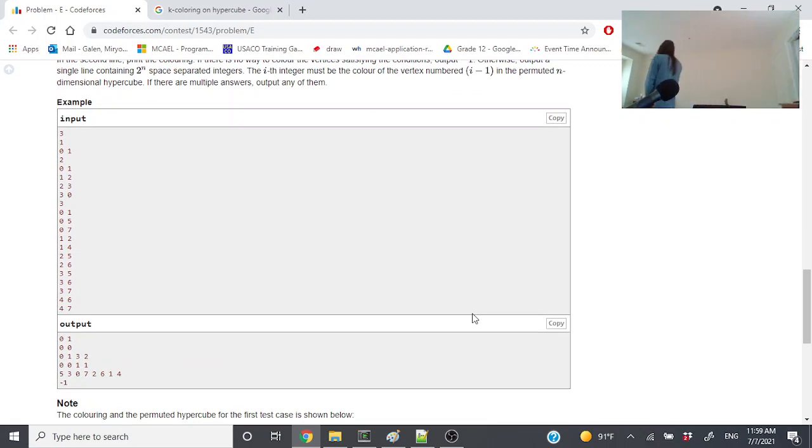Right, so we get a lot of edges. And I can try to figure out some things.